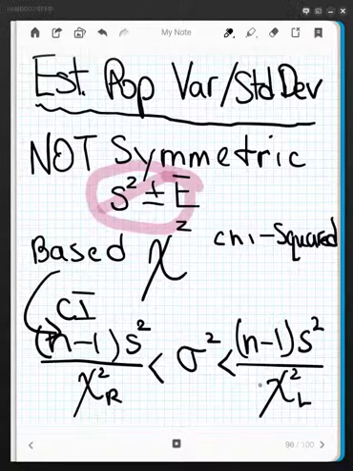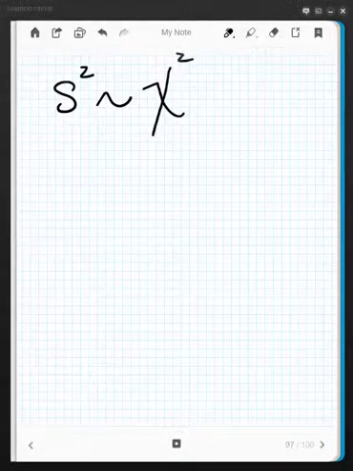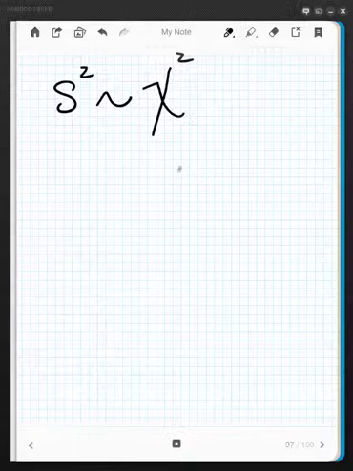Now this interval is non-symmetric, and that's what we have to understand. This is how we calculate it. And it's because the sampling distribution of these s squared values is a chi-squared distribution.